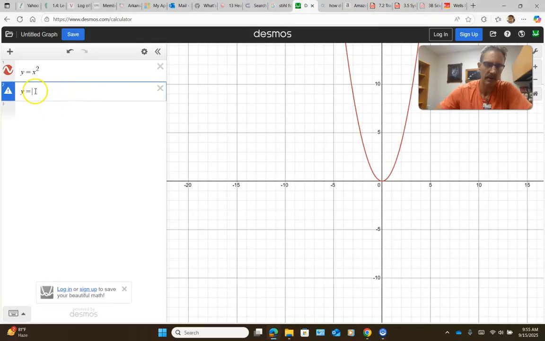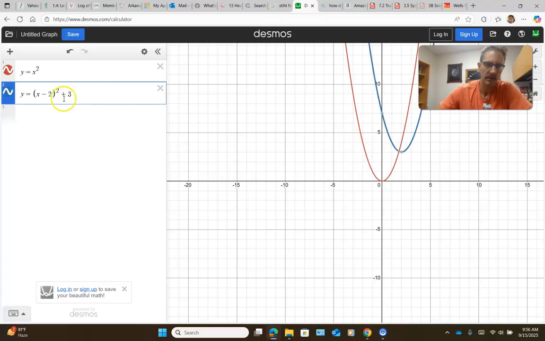Let's look at Desmos real quick. If I stick a negative in front of the x squared, look what happens. It turns that function upside down. And then we're going to get into, well, what if there are multiple transformations? What if we have some number out to the side that shifts it up 3, and then in parentheses with the x, another number?